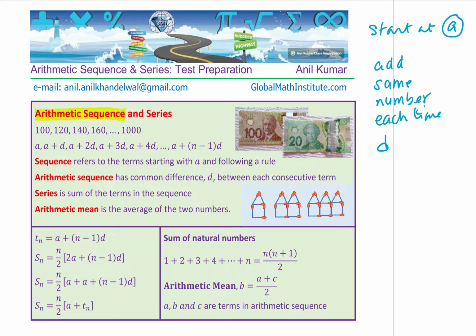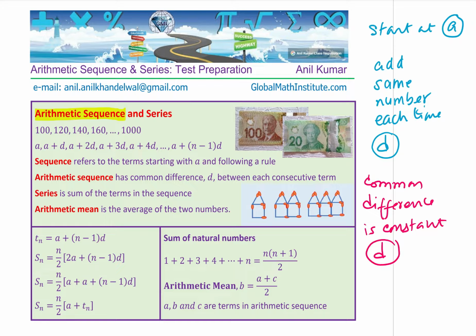So that becomes our initial number, and what we are adding is D. So because you add D each time, the common difference is the same. So it really means that the common difference is constant and is equal to D. Is that clear to you? So D becomes the constant common difference.